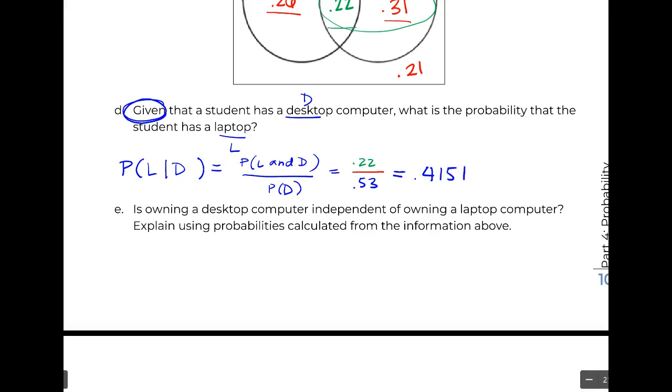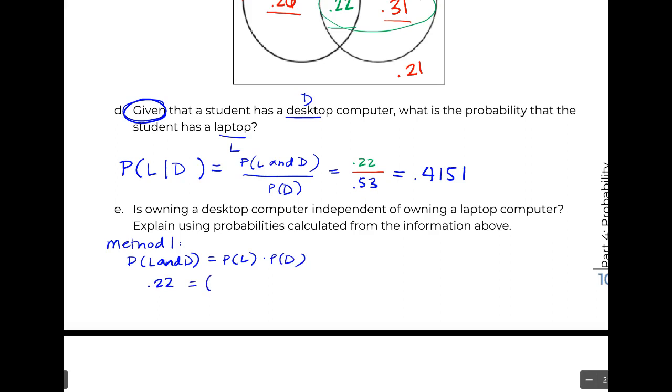All right, and then our last question here is owning a desktop computer independent of owning a laptop. Remember, we have our 2 methods. Method 1, we could check out the AND formula for independent events. Is this equal to the 2 probabilities multiplied together? So we know that this is 0.22.